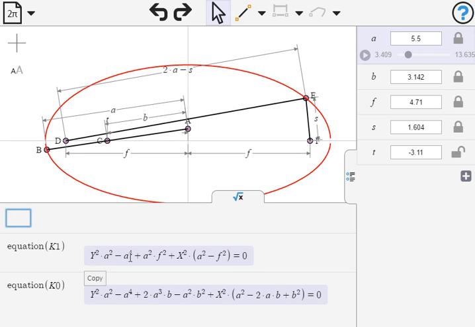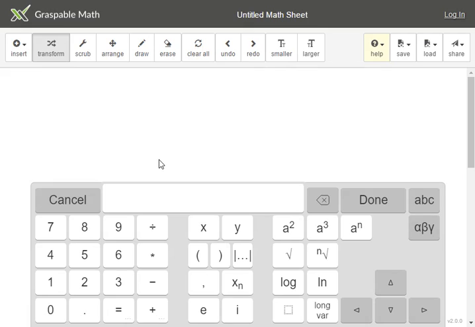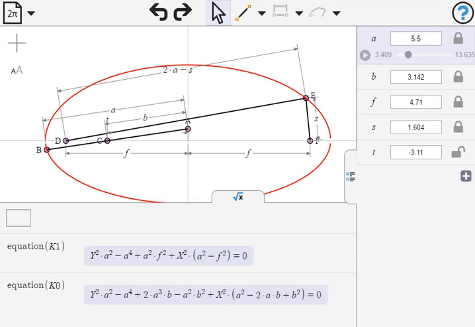We've got some sort of constant here, but the coefficient of x squared, here we see it, in one curve is a squared minus f squared. Let's grab that. And the other one is this expression. Let's grab the inside of it.